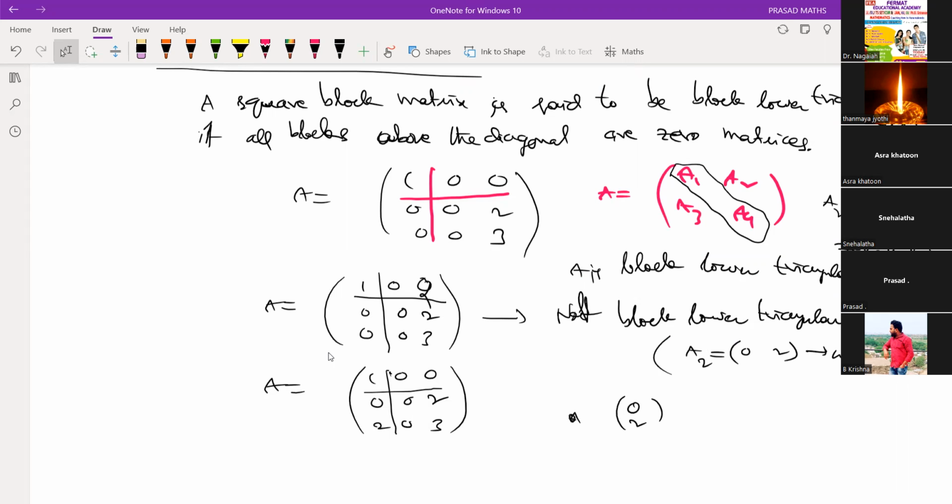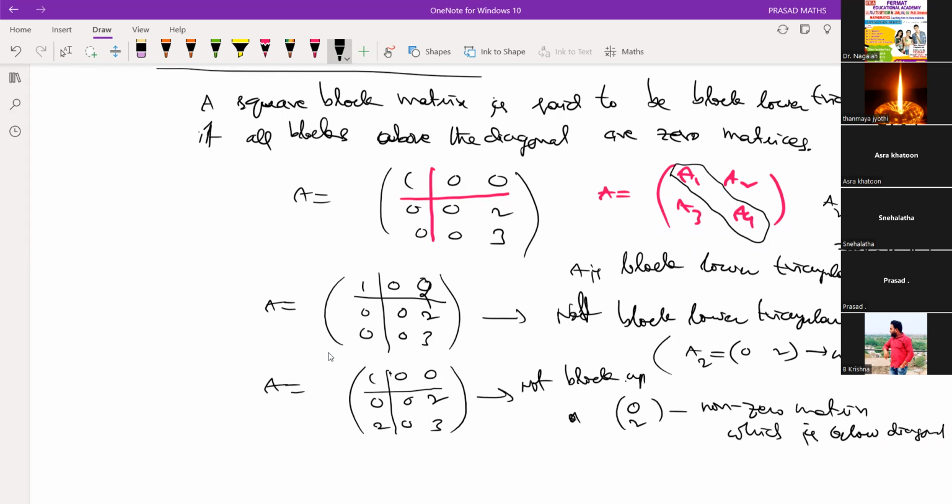That means it is a non-zero matrix below the diagonal. Hence, it is not a block upper triangular matrix.